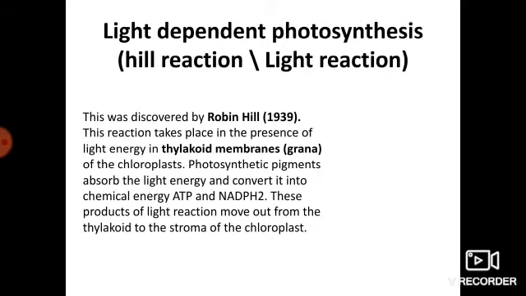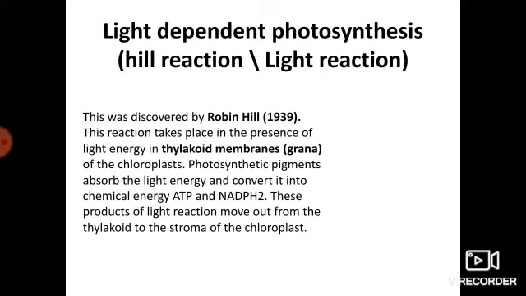Next one, light dependent photosynthesis or Hill reaction or light reaction. This was discovered by Robin Hill in 1939. This reaction takes place in the presence of light energy in the thylakoid membrane of grana of the chloroplast.